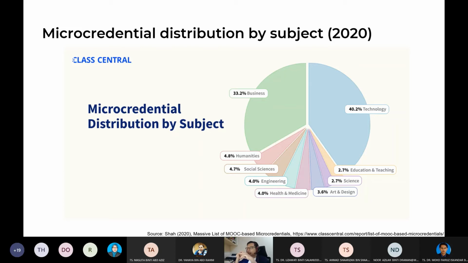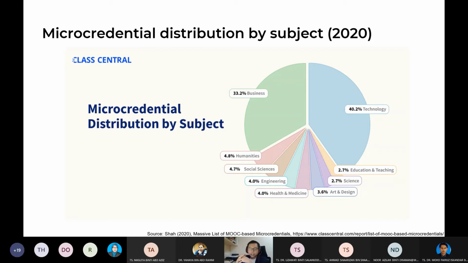So we look at what's out there in 2020. 40% of the micro-credential programs offered out there are technology. Most of this technology is related to information technology, working with data, working with computers, working with AI, working with network technologies.